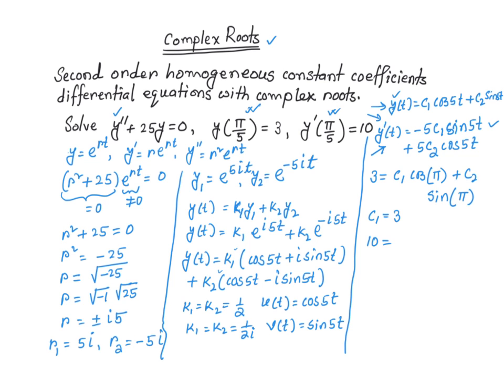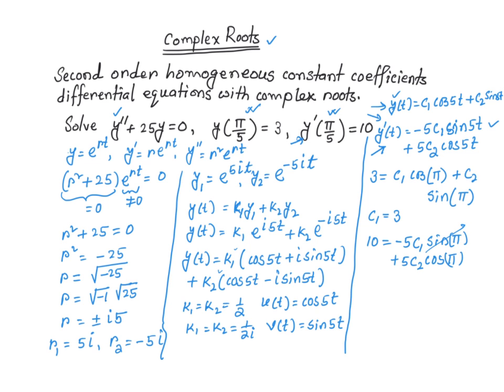I'm plugging into this initial condition, and that gives me negative 5 c1 times sine of 5 times pi over 5, so it's going to be sine of just pi, right, plus 5 times c2 times cosine of 5 times pi over 5 is just pi.